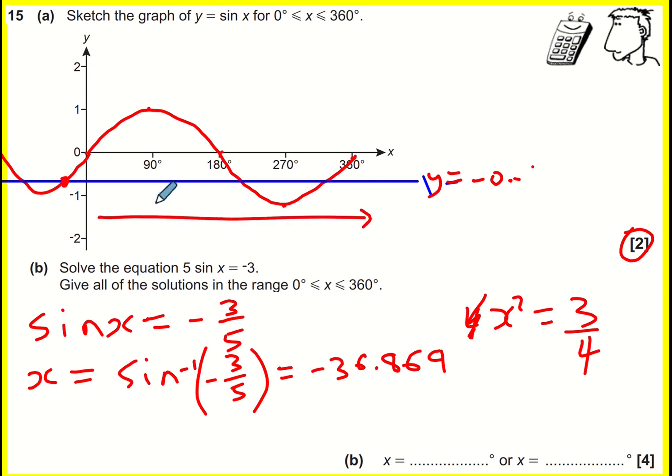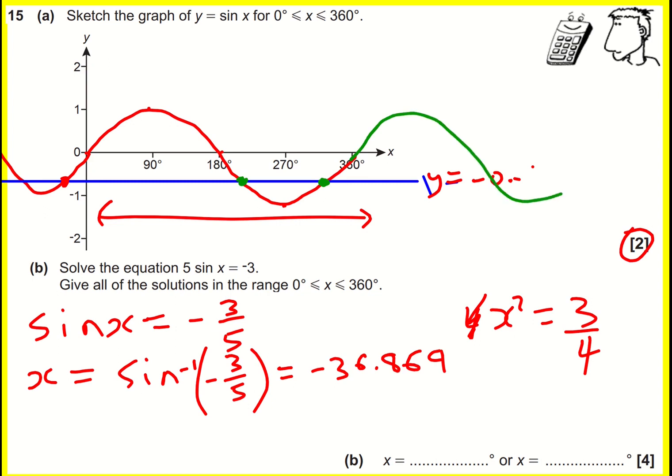We're only interested in this range. So we need to work out this value here and this value here, which is a bit tougher. And that's the tough bit about this question, actually. So I did say we've got half the battle, but I think the main battle, to be honest, is this next bit.